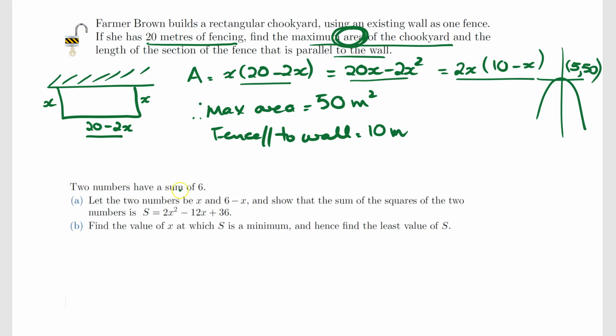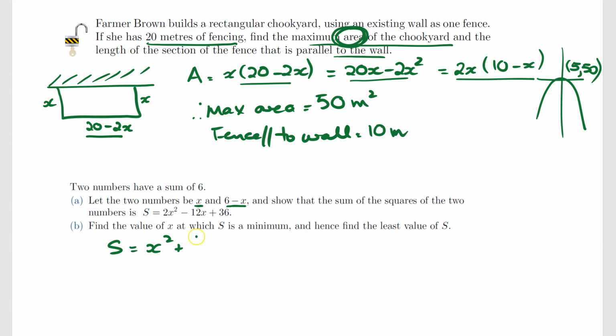Now the next one: two numbers have a sum of 6. It's being helpful here, telling you to let one of the numbers be x, so the other one has to be what's left, 6 minus x. And show that the sum of the squares of the two numbers is this. This is just straight algebra.